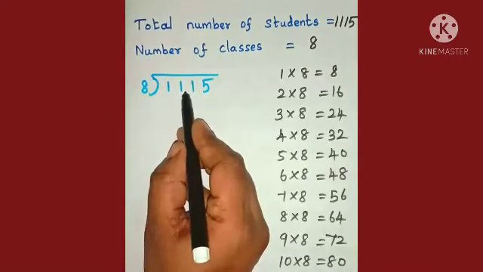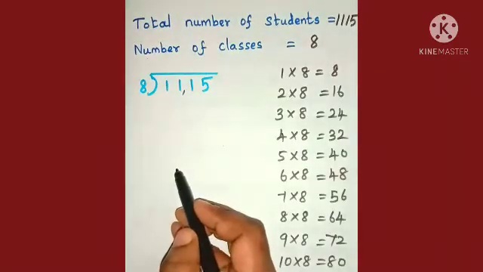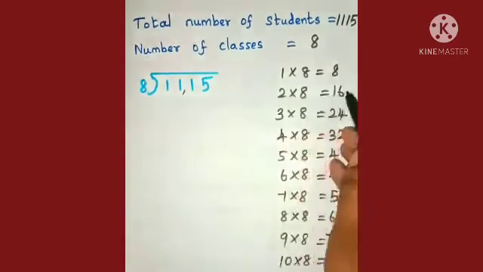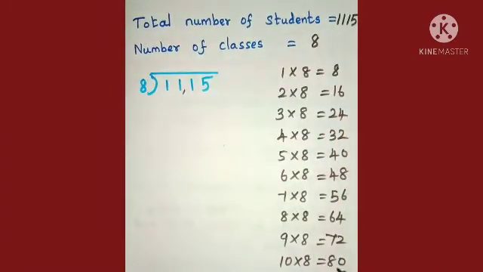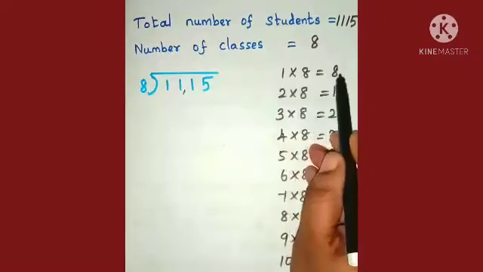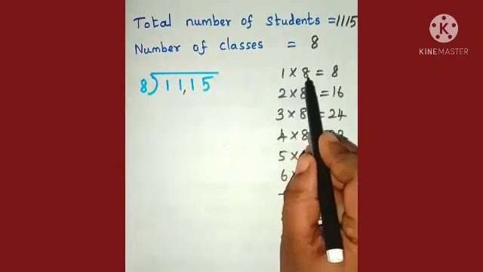So take 2 digits from the dividend, which is 11 here. And then you have to look at the table where 11 lies. So here 11 lies between 8 and 16. Here we have to choose the smaller value, which is 8. That is, 8 comes from 1 into 8.